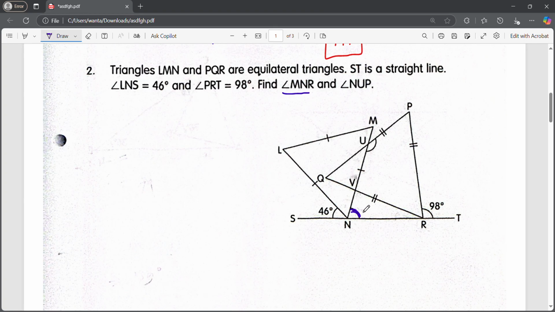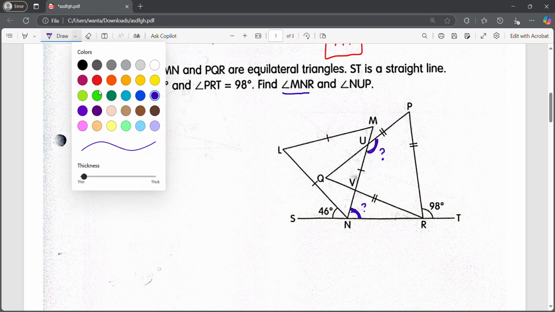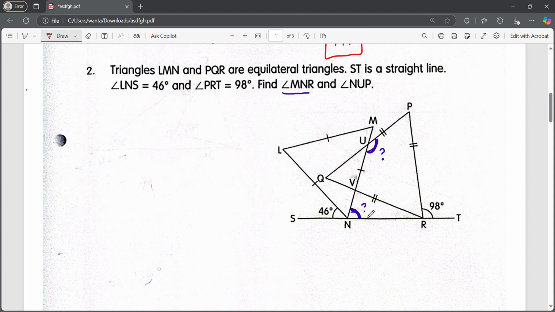Here's MNR, so this is what we're trying to find. And NUP, so this is the other angle we're trying to find. So there are two questions. Okay, let's find MNR first.